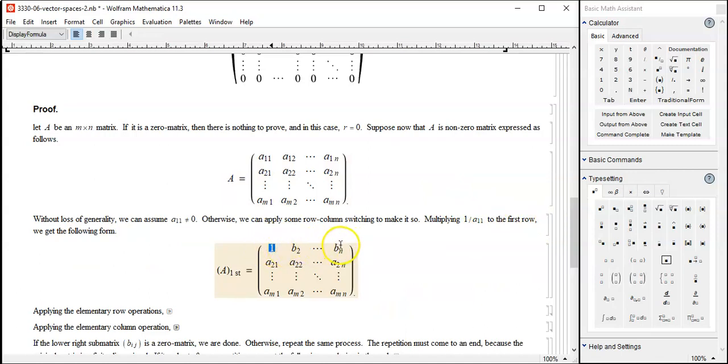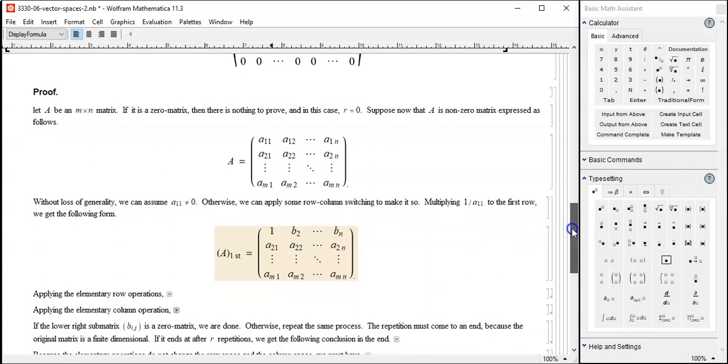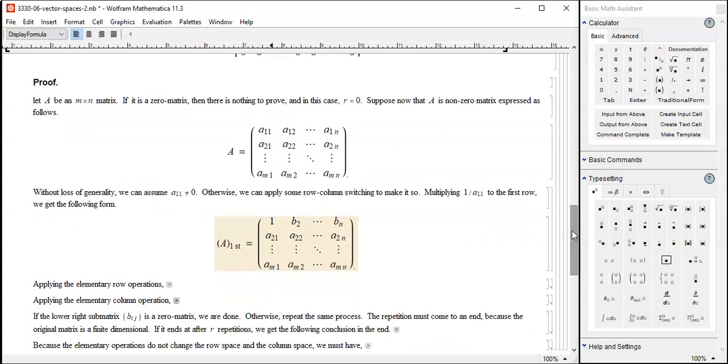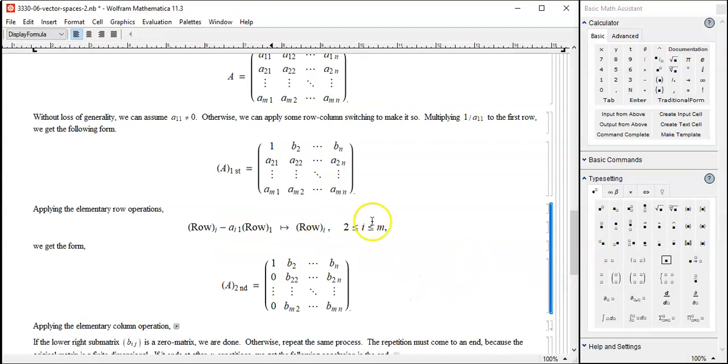So the entire row we multiply by 1 over A11. And then we apply appropriate elementary row operations to kill off A21, A31, all the way up to Am1. Multiply by A21 and then subtract. Multiply by A31, subtract. Multiply by Am1 and subtract, and so on. Yes, basically this operation. Then we can make just 1, 0, 0, 0 like that.